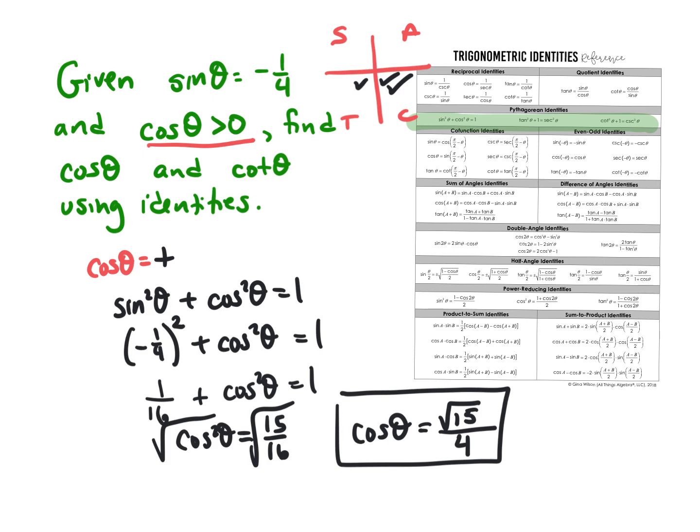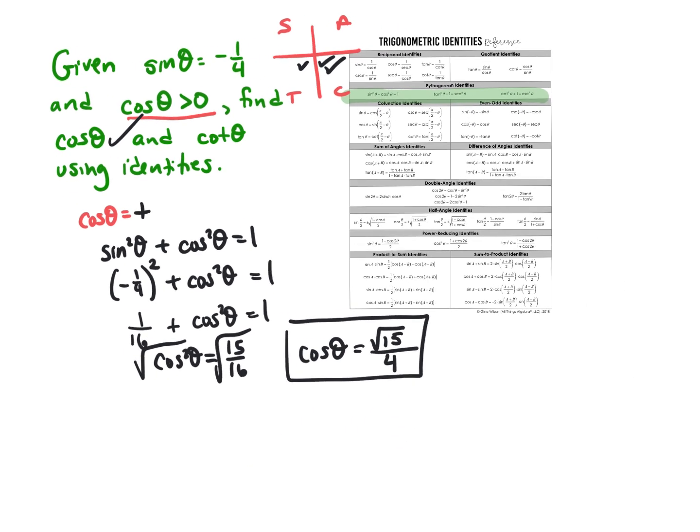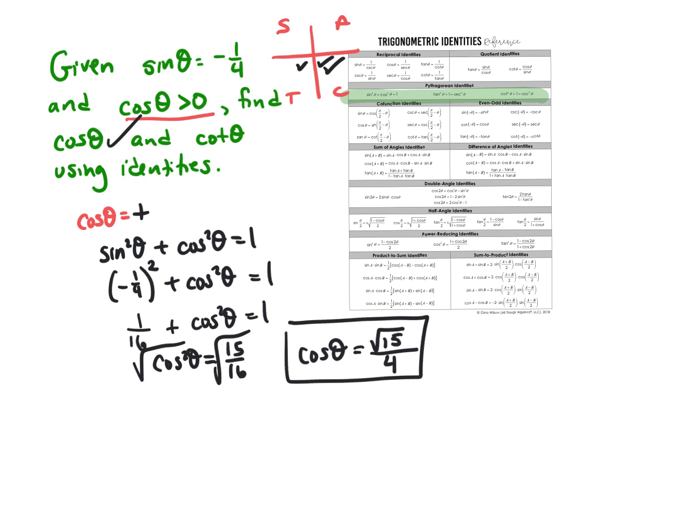So there's my cosine. It also asked me to find cotangent, which is fine. Cotangent is cosine over sine. I know cosine is radical 15 over 4, and sine is negative 1/4.